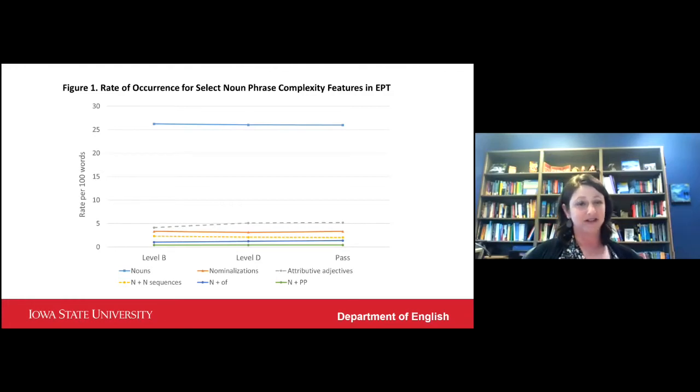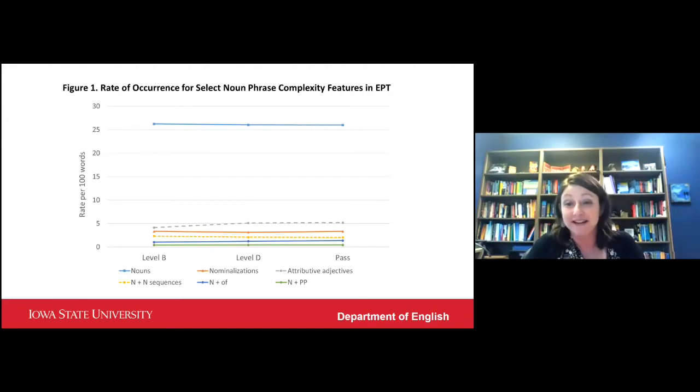I had spent years developing this corpus. I'd been working with these grammatical complexity features for years, and I was all excited to have a study that had important results that could inform my local context, and I get this. I hope somebody's laughing out there. I can't hear anybody, but I hope that some of you are laughing.